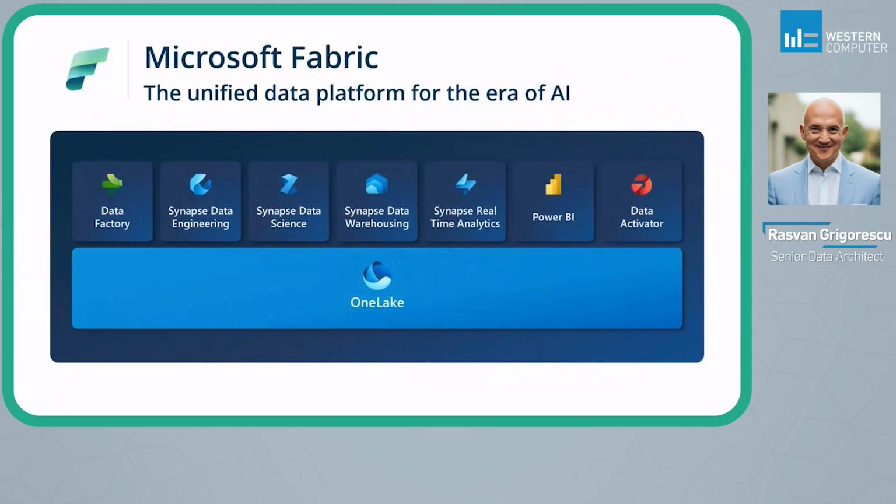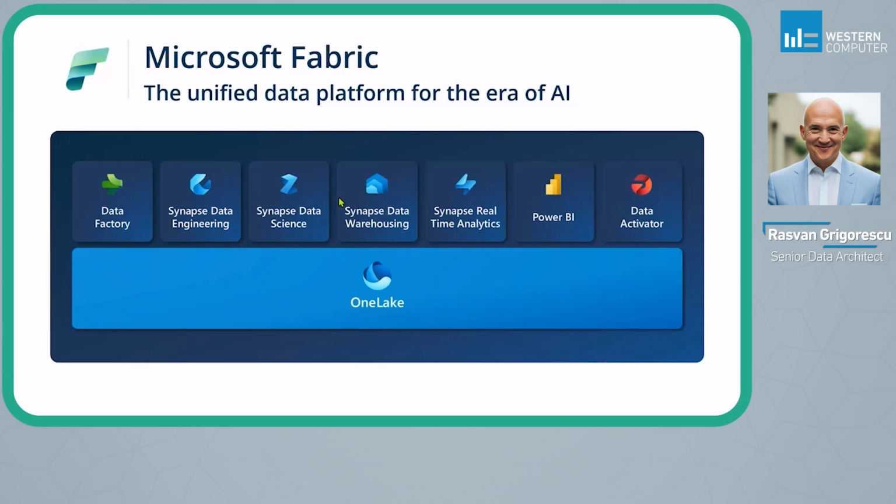Microsoft Fabric is the platform that unifies all those tools. So it integrates the Azure Data Factory, Synapse Data Engineering, Synapse Data Science, Synapse Data Warehousing, Real-Time Analytics, Power BI, and Data Activator. And these components have been around, with the exception of Data Activator, for years. Power BI, introduced back in 2015, Azure Data Factory, probably about 5 or 7 years ago, Synapse, back in 2018.